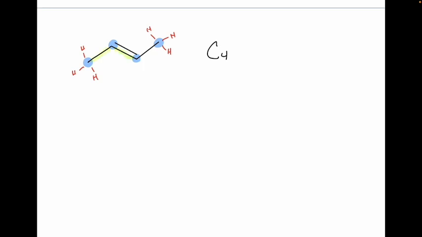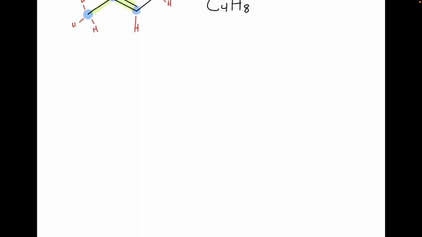Here's a second bond, and here is your third bond, right? That double bond is 2. So I only need 1 more in order to complete the octet. So C4H8 would be my formula here. Okay? And triple bonds trip people up the most. So let's just put down a compound with a triple bond.